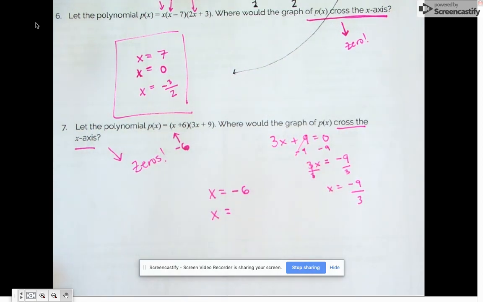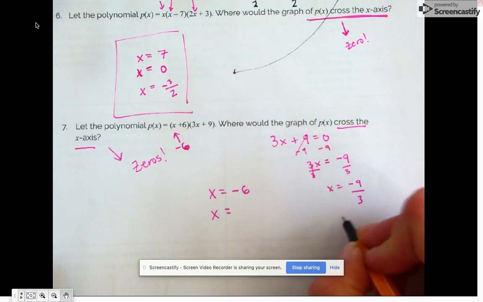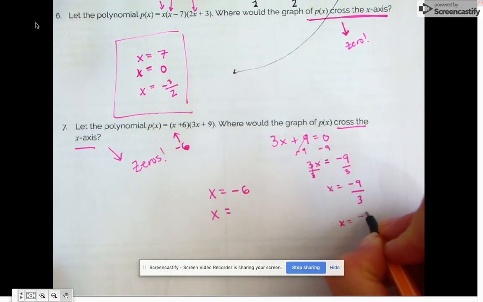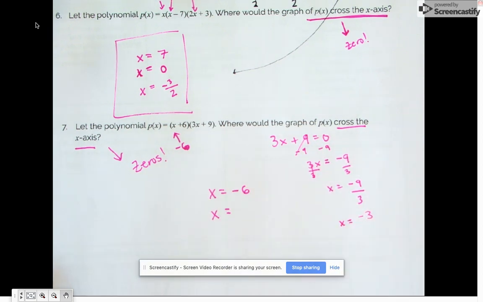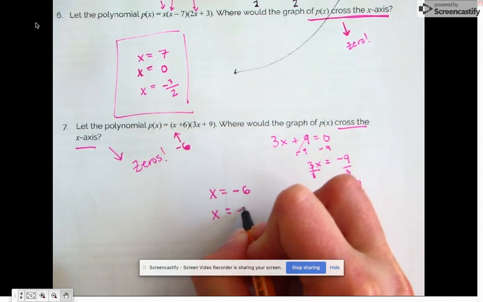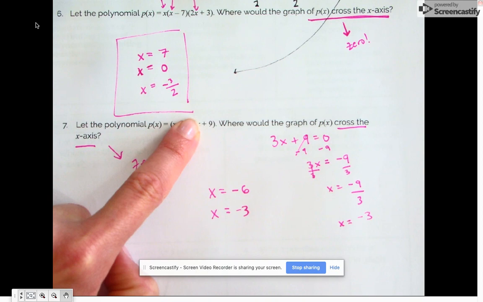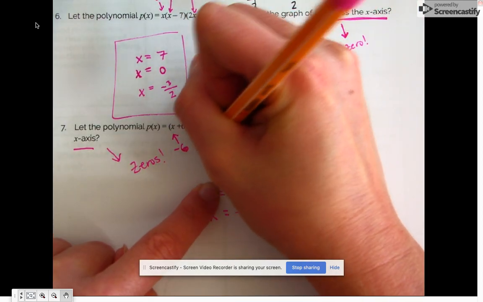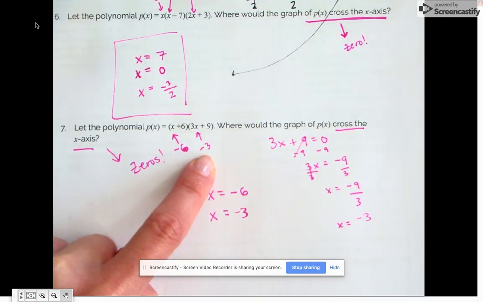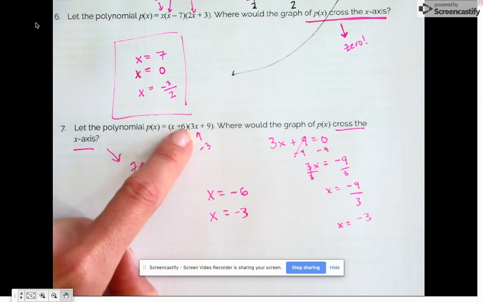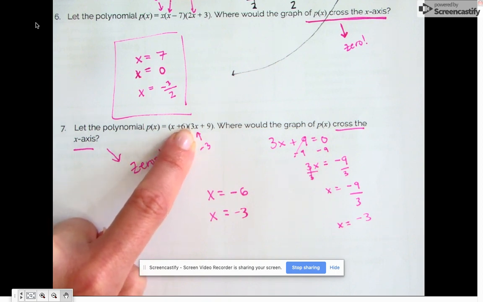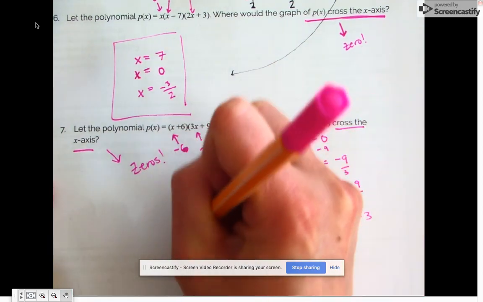And negative 9 over 3, in my calculator, I could simplify that to x equals negative 3. Okay, so my other 0 is negative 3. Let's double check that makes sense. Going back up here, if I plugged in negative 3 for x, I would get negative 3 times 3, which would be negative 9. Negative 9 plus 9 is 0. So yes, that makes sense. It works.